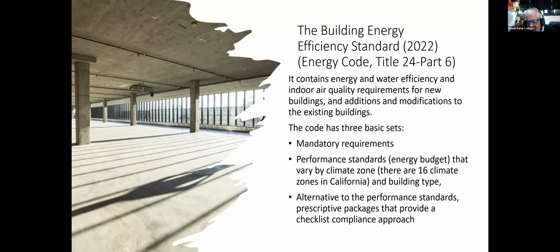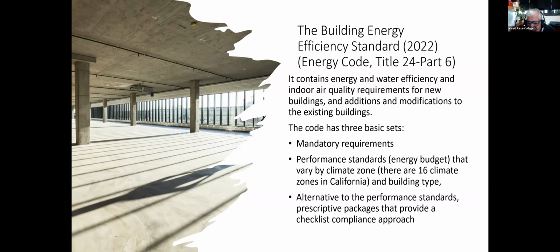There are certain mandatory requirements that they have to meet. Every building has to meet them, and also there is a performance standard in terms of energy budget that again changes by climate zone. There are 16 climate zones in California, and building type.